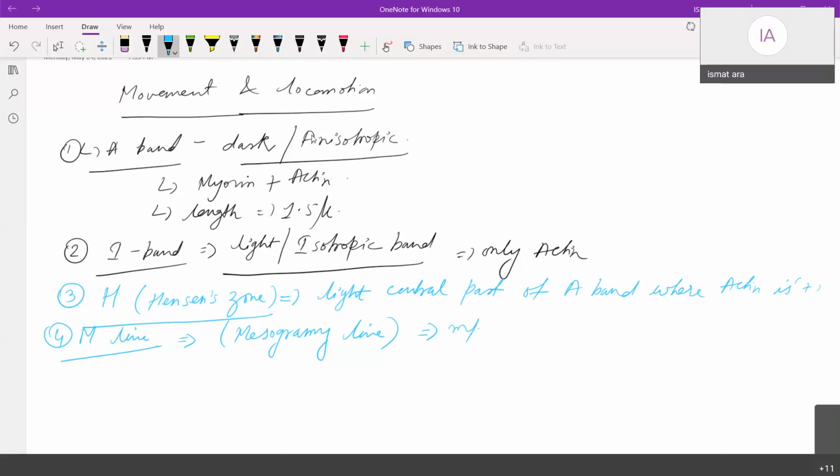These are made up of myosin protein. Now what is the function of this protein? They connect the myosin filaments together.